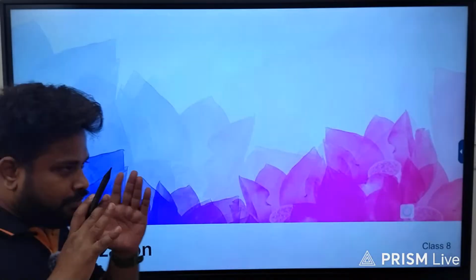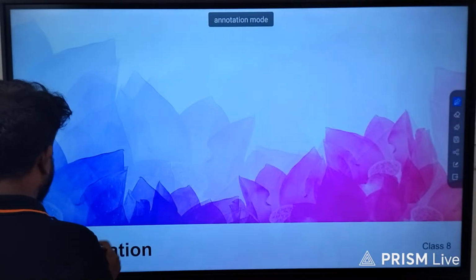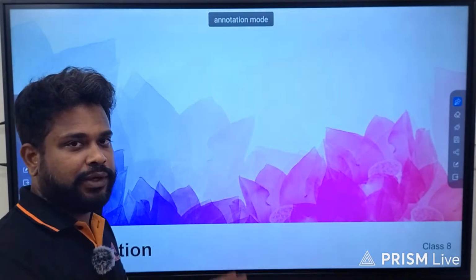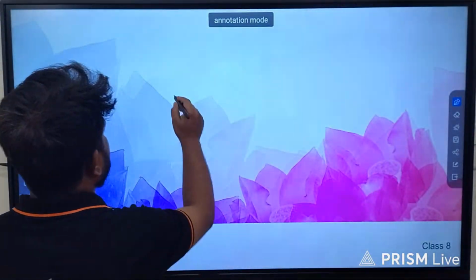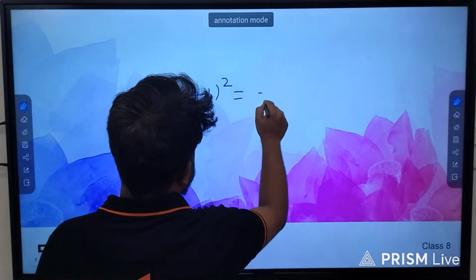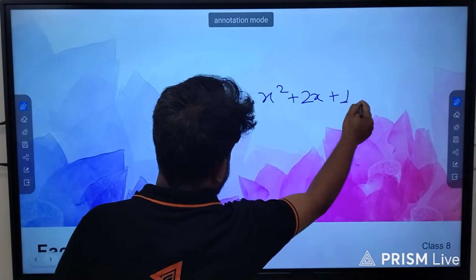Factorization. I know that maybe the term factorization comes with some formulas. Maybe you are imagining formulas like (a + b) square equals a square plus 2ab plus b square.